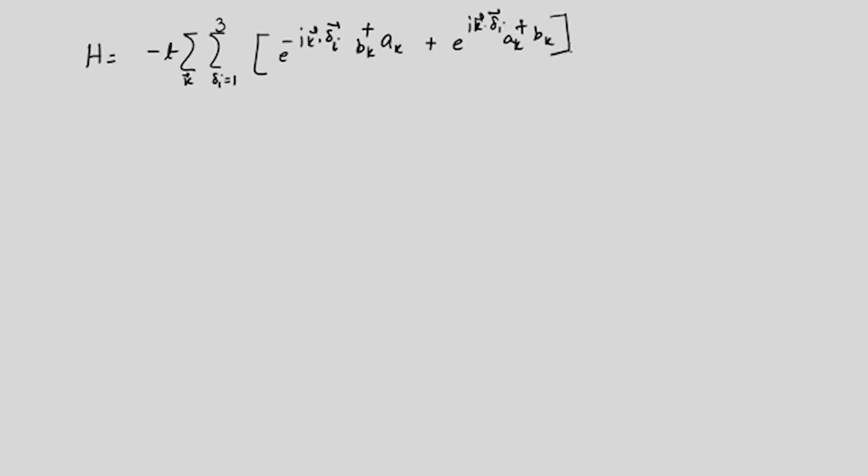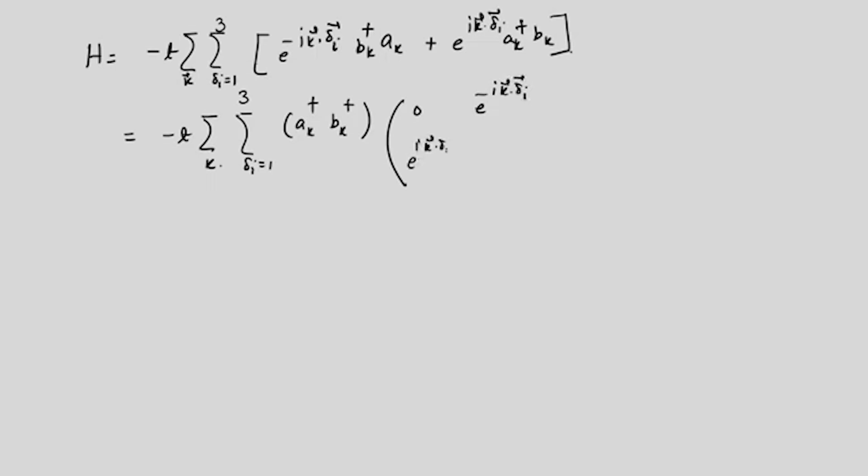This you need to do once in order to get used to this, and then we can write this as minus t, then there is a sum over k, and you again have this delta i equal to 1, 2, 3, and I can write it just like a matrix where a k dagger, b k dagger. So, this is like a row vector, and this is a 0 and exponential minus i k dot delta i, exponential i k dot delta i, and then 0, and then you have a k and b k.